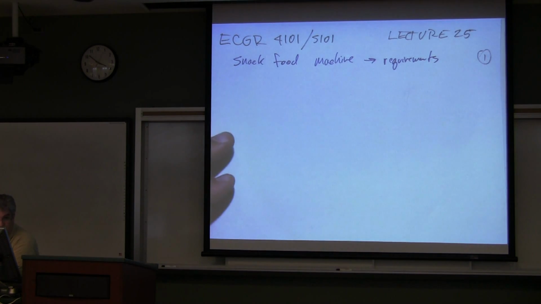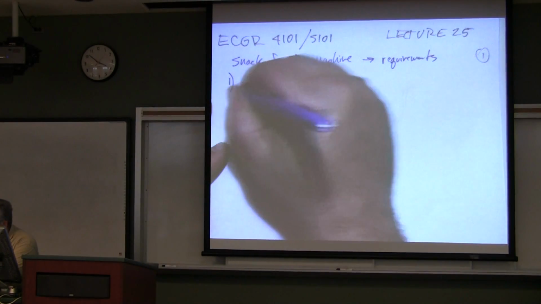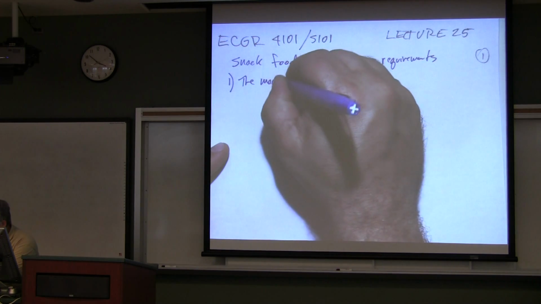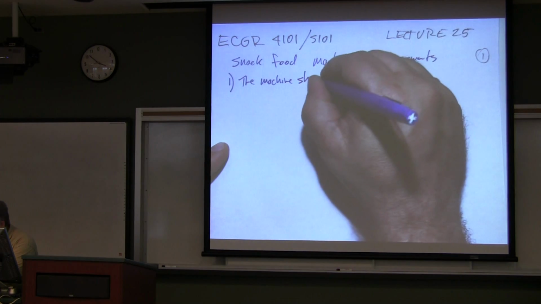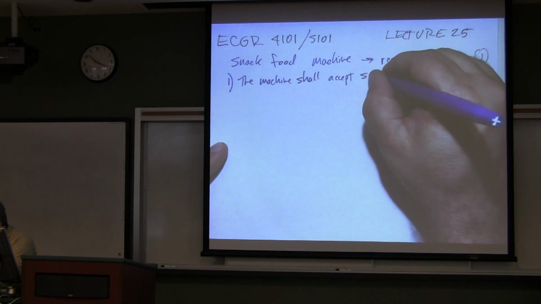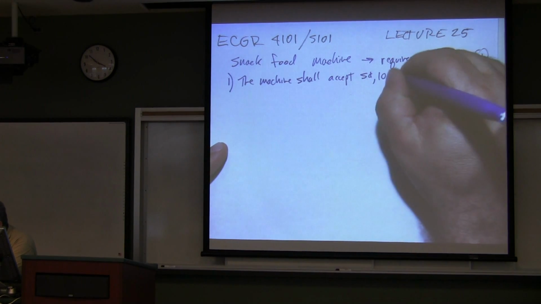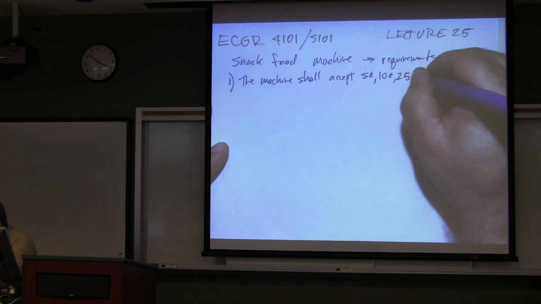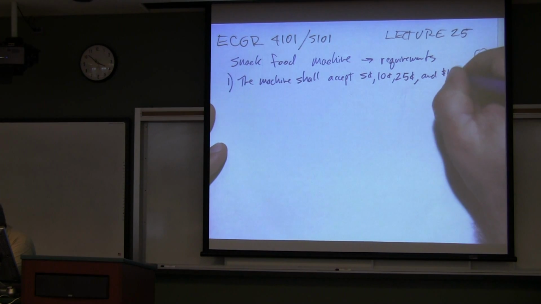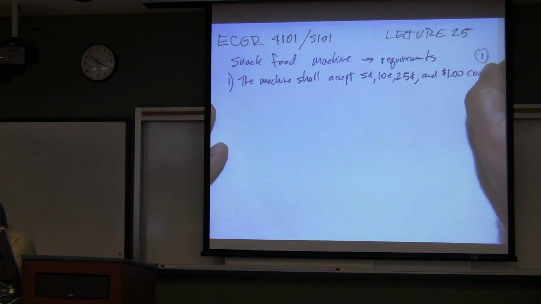An example of a requirement could be: 1, the machine shall accept 5-cent, 10-cent, 25-cent, and $1 coins.